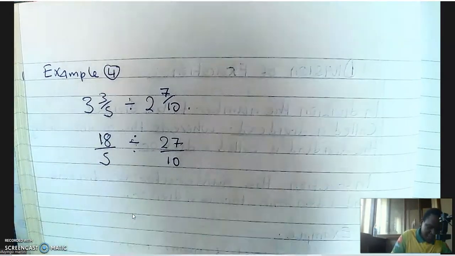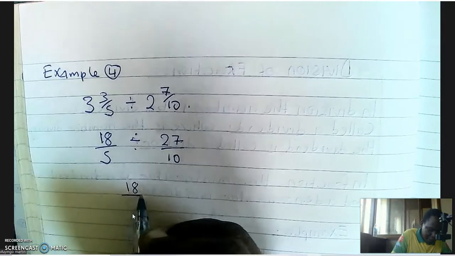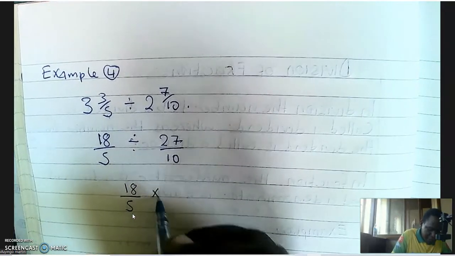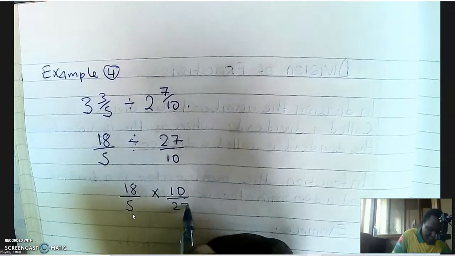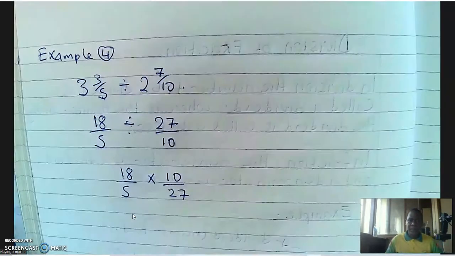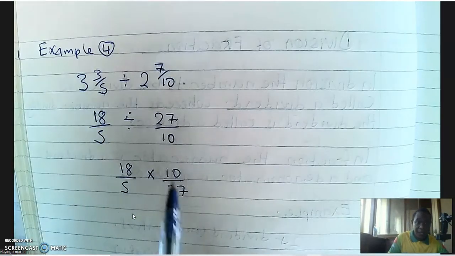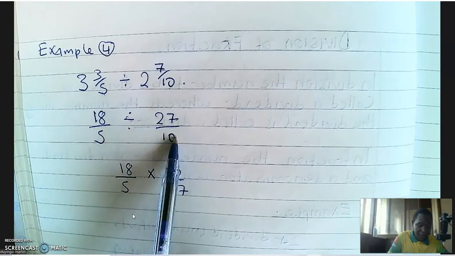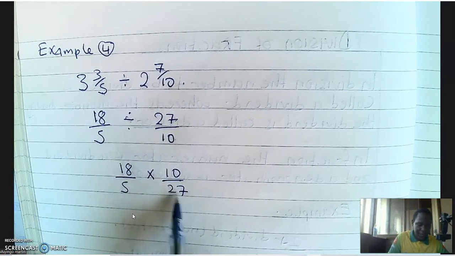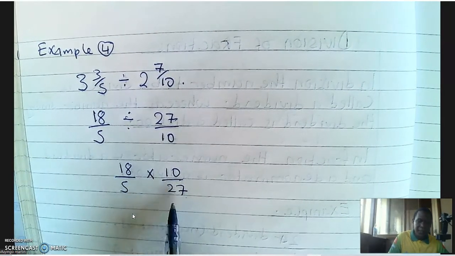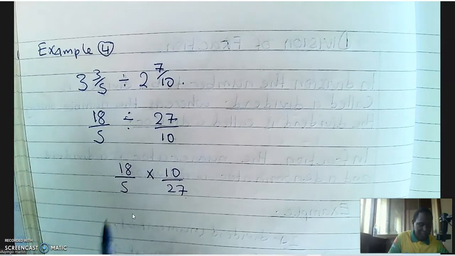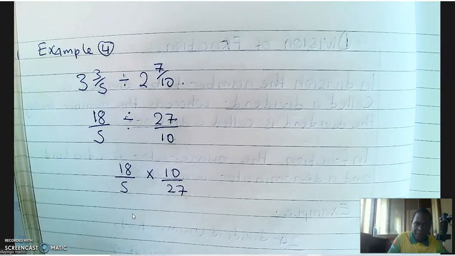Our next step will be 18 out of 5 times 10 out of 27. I have got the reciprocal of 27 out of 10, which is 10 out of 27, and then I change the sign from division to multiplication.